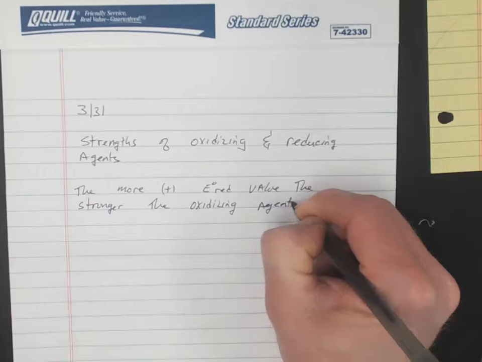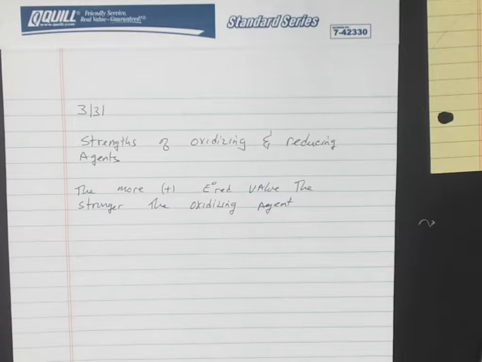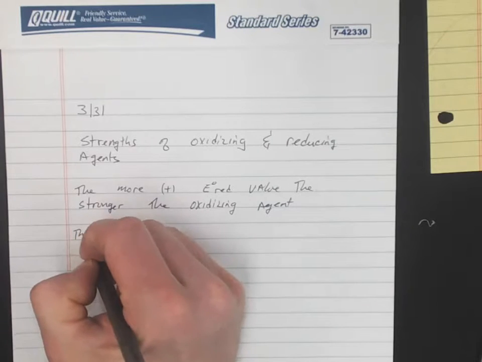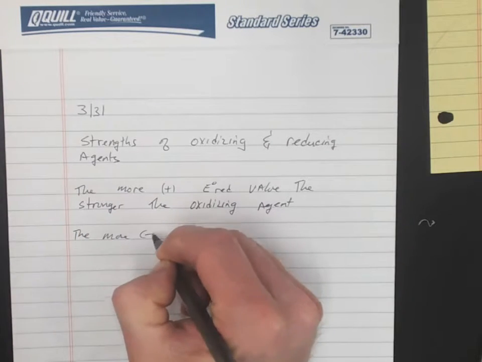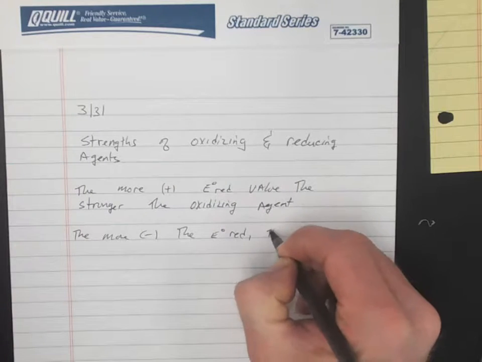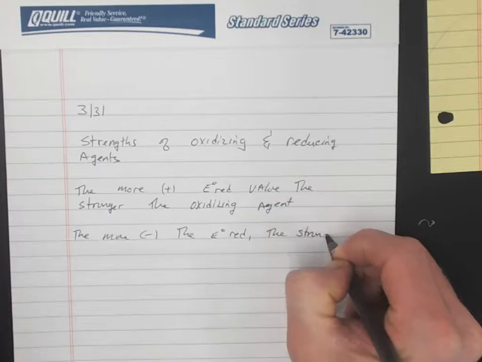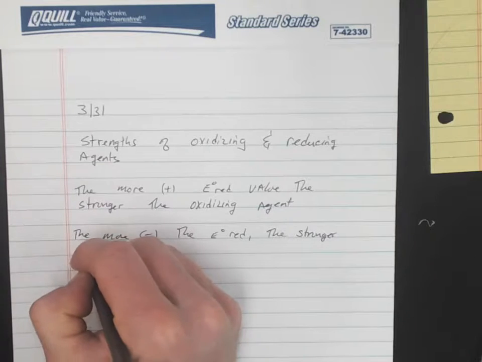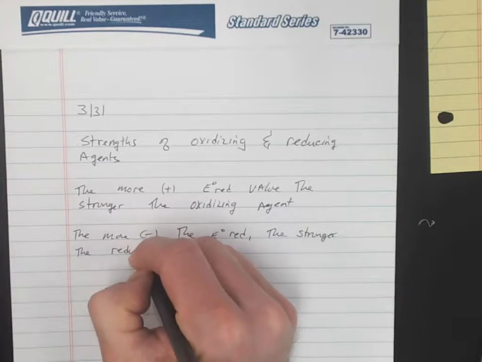The opposite is true as well, that the more negative the E0 reduction potential, the stronger the reducing agent.